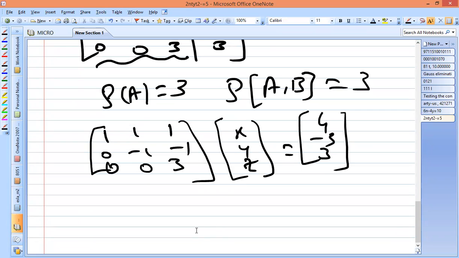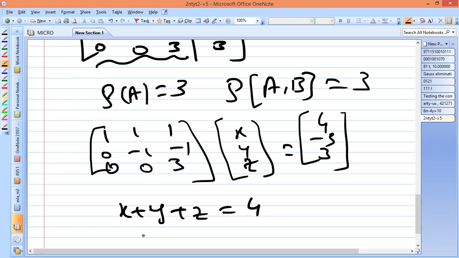Having the row reduced form of the augmented matrix or matrix A, you can get the solution. So what is the first equation? Just write the equation and tell me the answer. x plus y plus z is equal to 4.